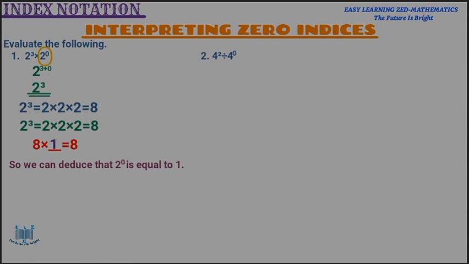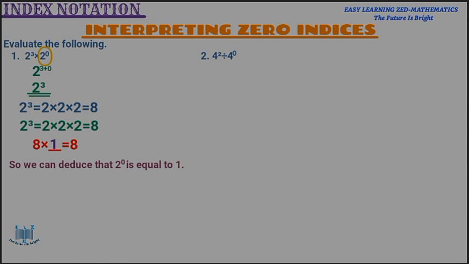With multiplication, we have seen that 2 to the power of 0 is 1. Let's check with the division. We have 4 to the power of 2 divided by 4 to the power of 0. We are going to follow the law of division of indices or powers.